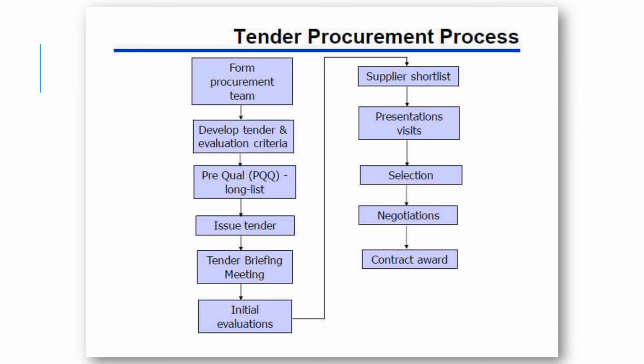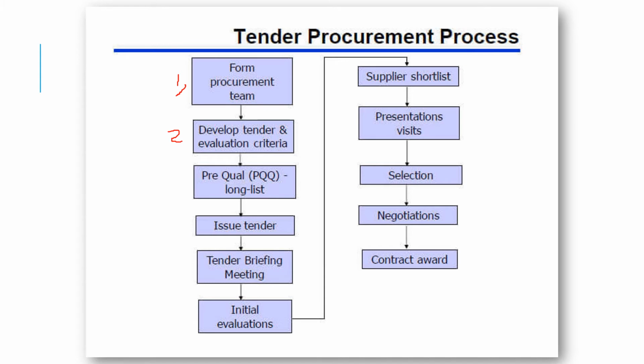So how does this process work, competitive tendering? Well, let's go through a diagram that illustrates some of the processes involved. You don't need to take all of these down, but number one, the government agency, for example the hospital, will form a procurement team, so people who are going to specify exactly the service or the good that's required.